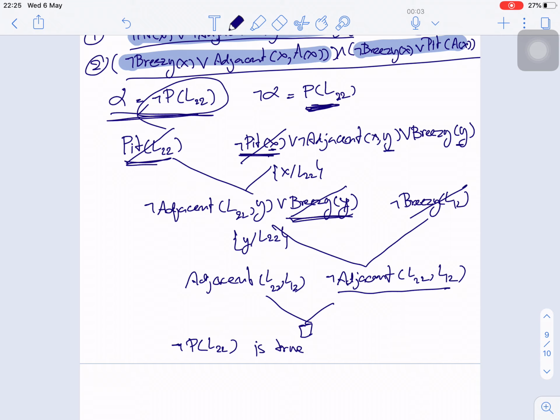Okay, so this is an example of the Wumpus world when you apply the concept of first order logic to this problem. You should be able to apply these concepts when you work in your software engineering field.